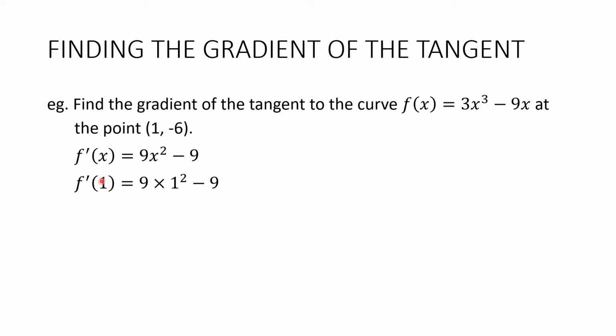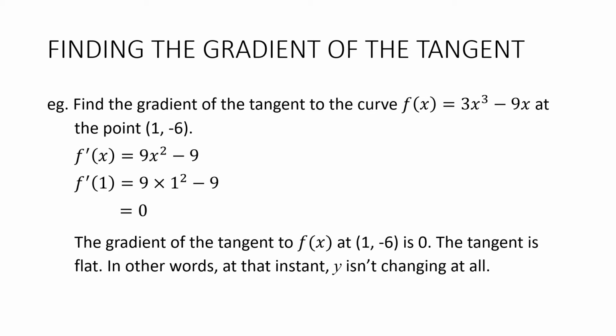See how I've put the 1 in here, and I've kept the dash, so I substitute it in, and I get 0. Okay, what does that mean? The gradient of the tangent to f of x at (1, negative 6) is 0. It's flat, horizontal, like this. In other words, at that particular instant, y isn't changing at all.